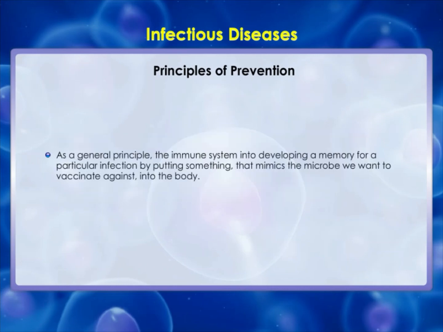We can now see that as a general principle, we can fool the immune system into developing a memory for a particular infection by putting something that mimics the microbe we want to vaccinate against into the body. This does not actually cause the disease, but this would prevent any subsequent exposure to the infecting microbe from turning into actual disease. Many such vaccines are now available for preventing a whole range of infectious diseases and provide a disease-specific means of prevention. There are vaccines against tetanus, diphtheria, whooping cough, measles, polio, and many others. These form the public health program of childhood.